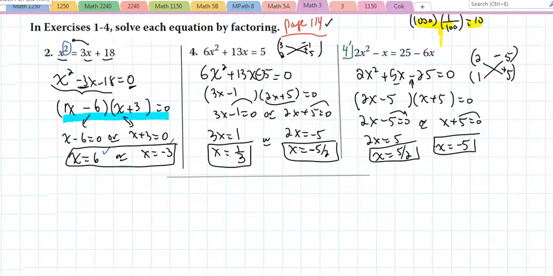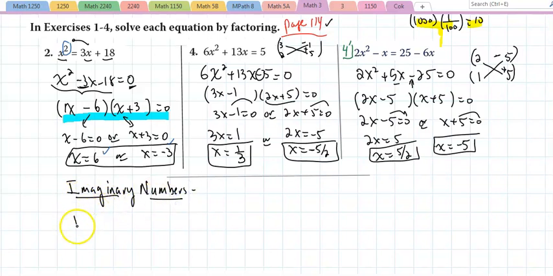Now I'm going to go back to radicals slightly and talk about imaginary numbers. Imaginary numbers, or some books call them complex numbers, same thing.